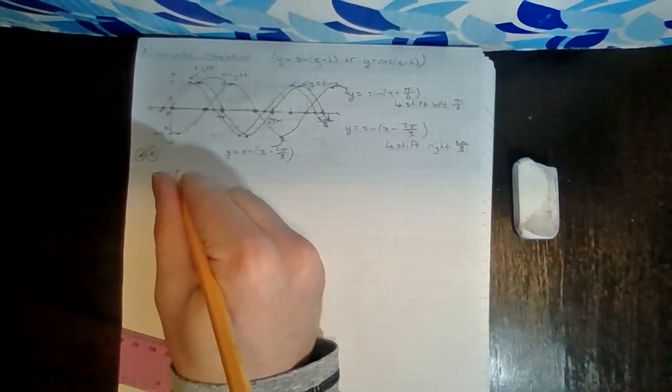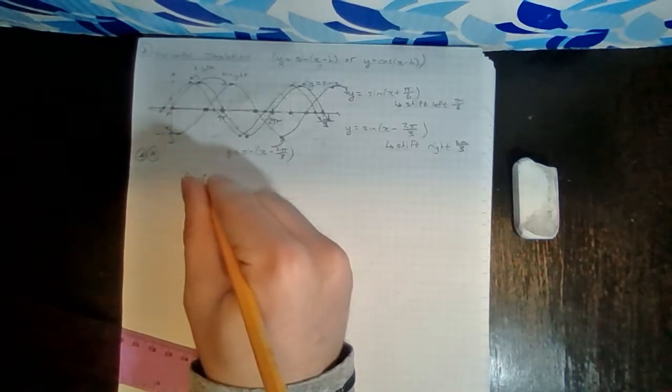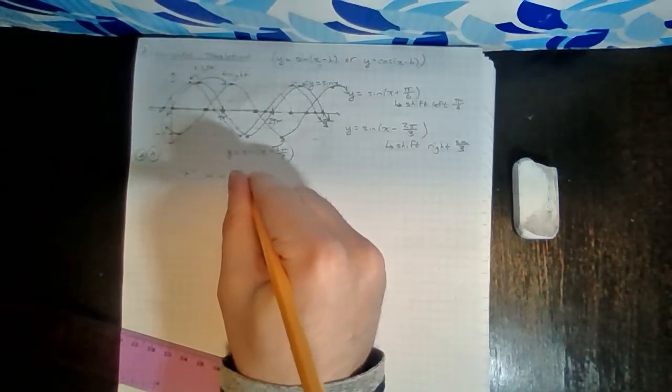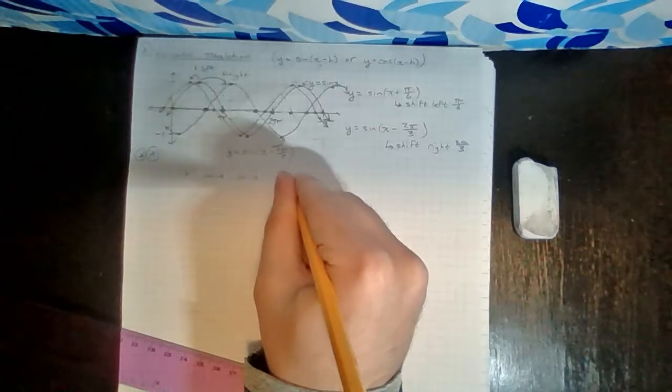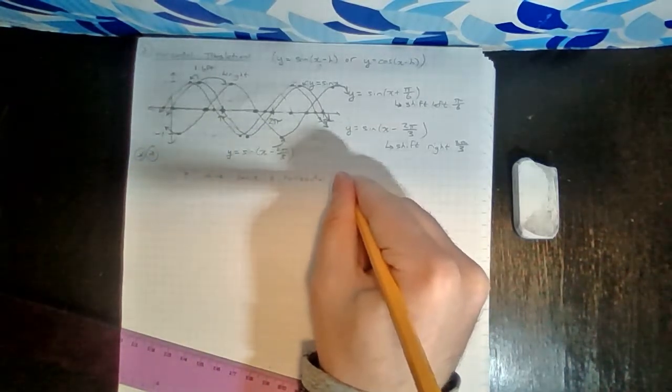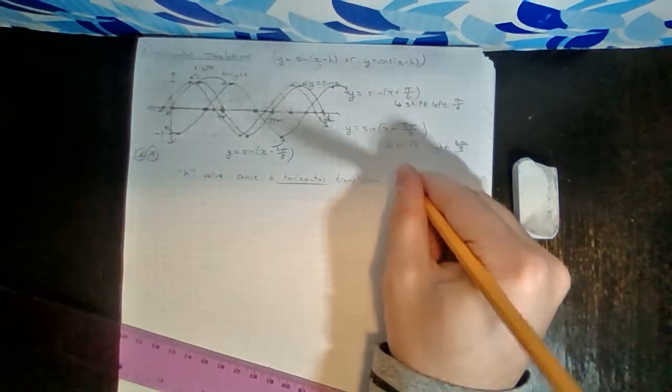And so we can wrap this up by saying our h value causes a horizontal translation. Horizontal is going to be left or right.